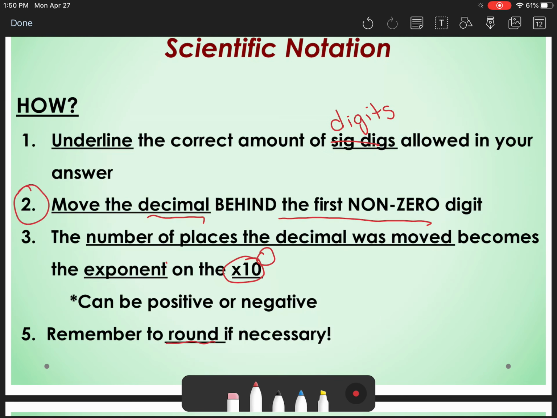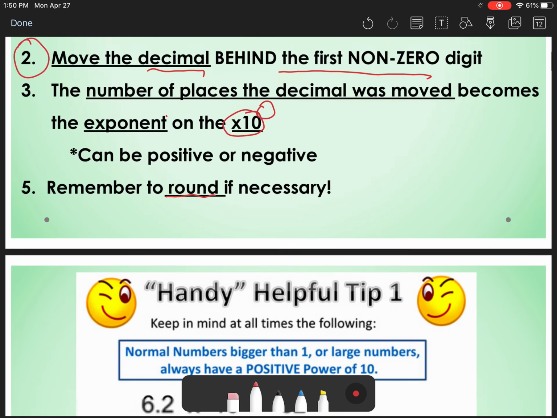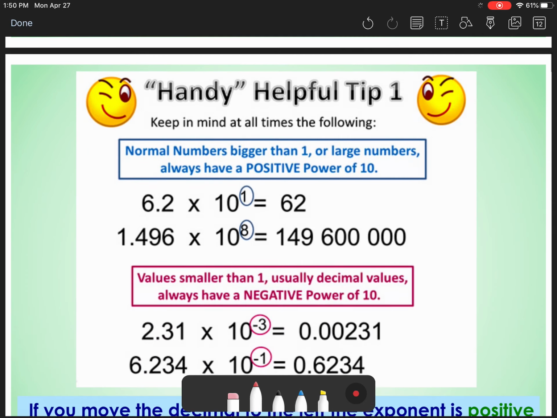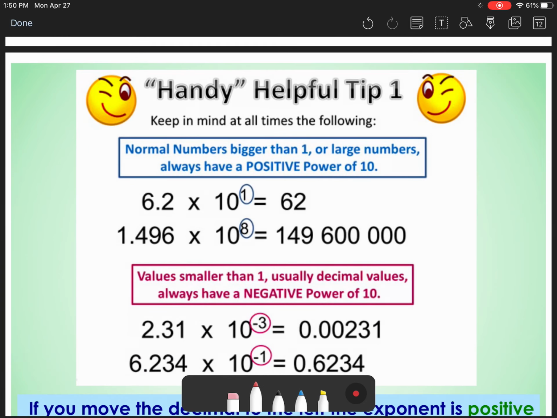And if you need to round, make sure you do that properly. So any number 5 and above gets rounded up, and less than 5 gets rounded down. Now here's a couple little tips here. If you are starting with a number greater than 1, any number greater than 1, then that means your exponent on the 10 is always going to be positive. All right?